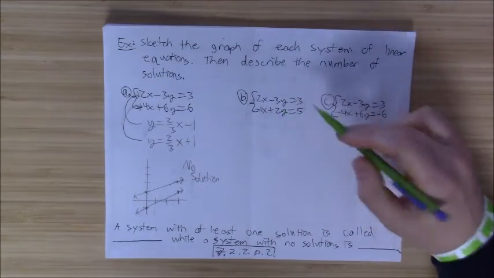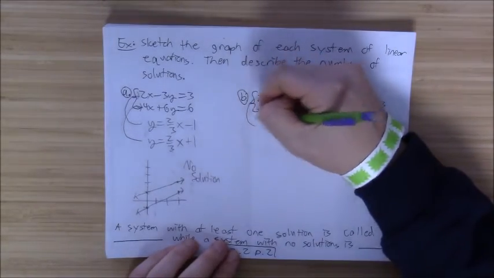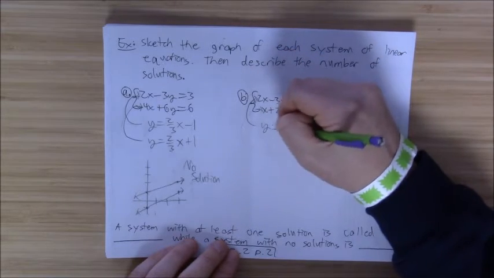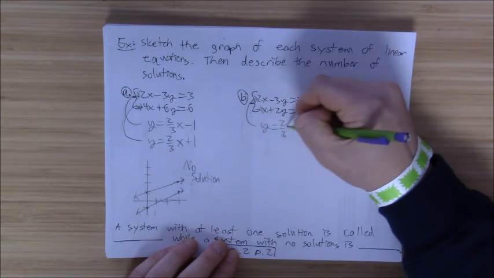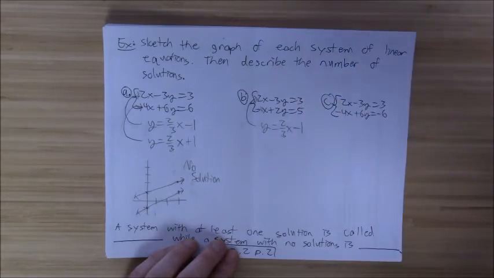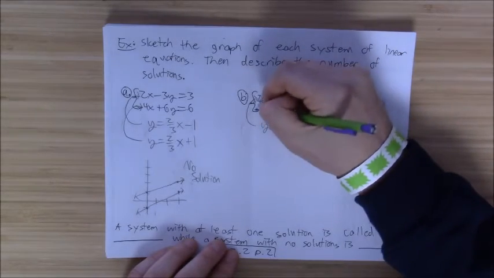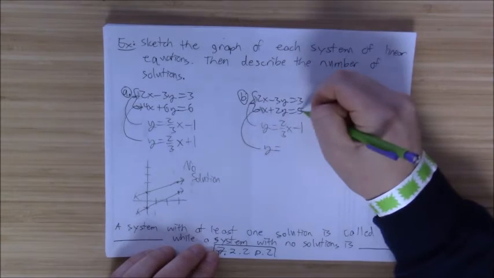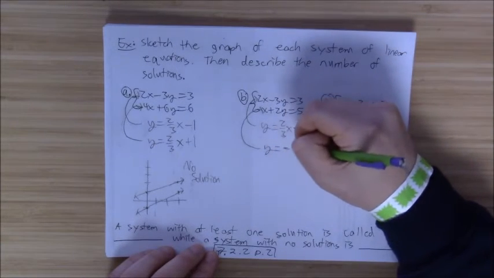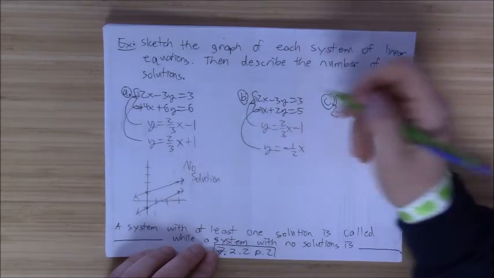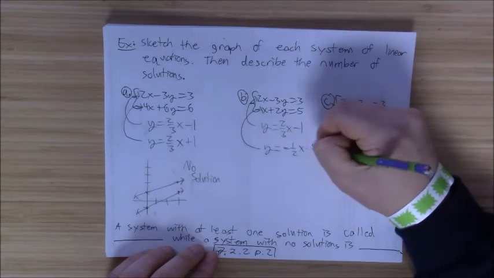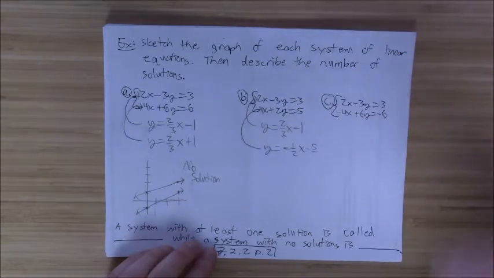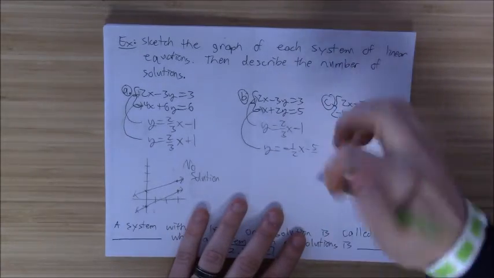Here, this first one is exactly the same line we saw before, which is y equals 2/3 x minus 1. This one, however, is now the line y equals -1/2 x plus 5/2, sorry, plus 5/2.